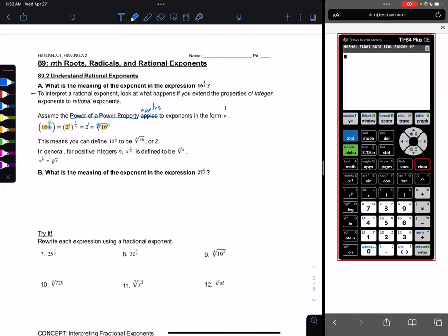So how do we do this? If you have 16 to the 1/4 power, you can rewrite that as the 4th root of 16 to the 1st.